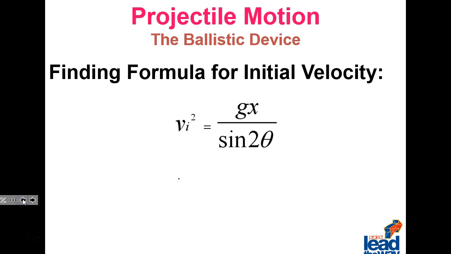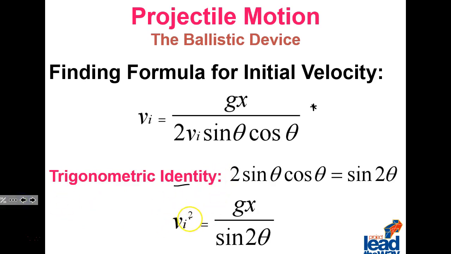All right, so if we go back for just a moment, notice that the vi is now squared. That's because this has been cross-multiplied over to here to give vi squared. And then we've got 2 times sine theta cosine theta, which simplifies to the sine of 2 times the angle.